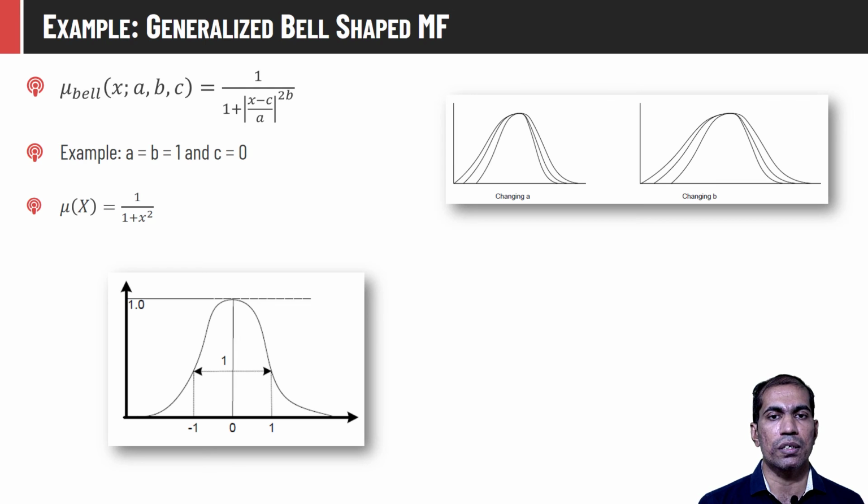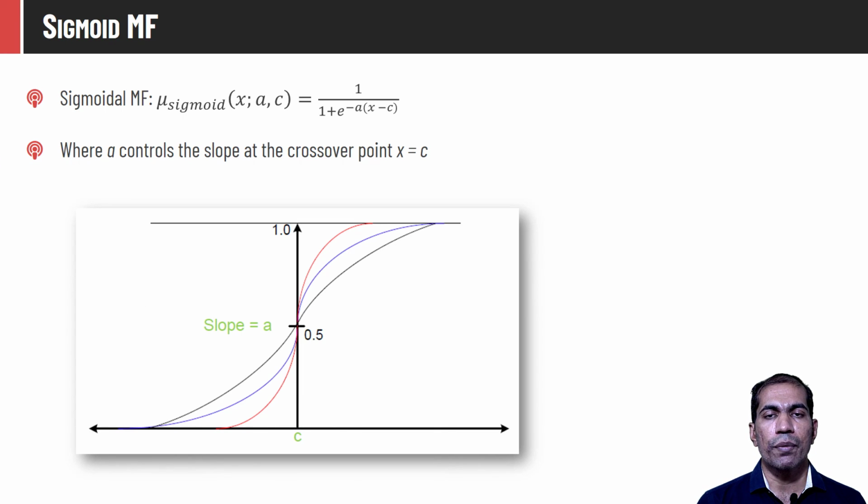Sigmoid function is very popular in machine learning. It is used in classification. Specifically, logistic regression and neural networks employ the concepts of the sigmoid function to map the output into one of the classes. The sigmoid function is defined by two attributes, a and c, where c is the center of the sigmoid function and a determines the slope at the crossover point, that is at x equal to c.